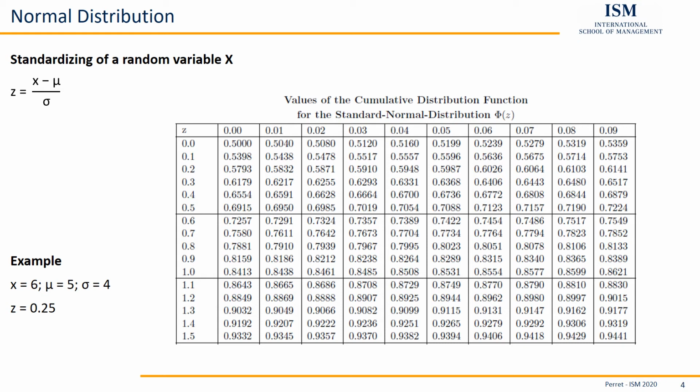If you look up the corresponding value for the standard normal distribution, we have to look up the row 0.2, so the third row, then column 0.05, because the second decimal is 5. Then we end up with a value of 0.5987. Okay, so much for this. That's also how we can use these tables. That's basically this value here.